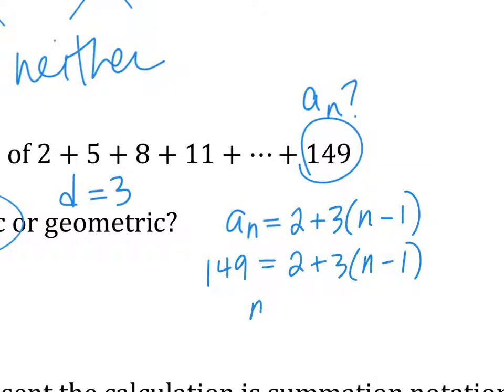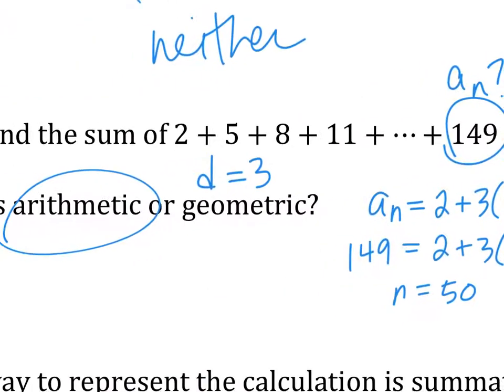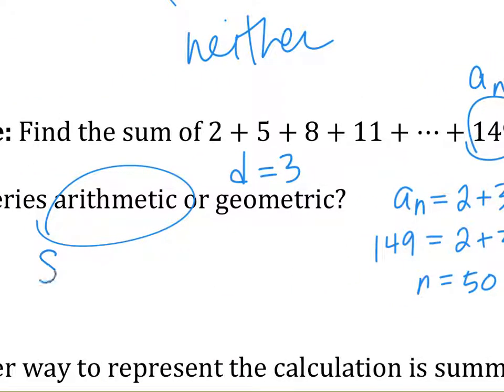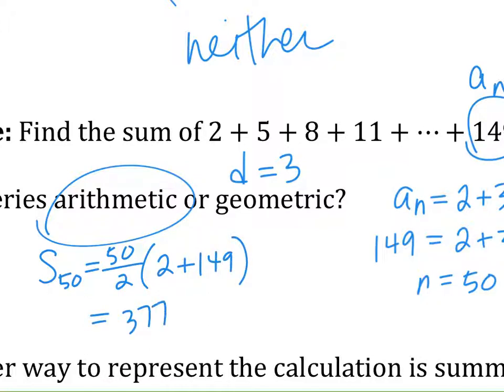All right, so n is equal to 50, right? So then now we can plug it into our formula. Sum of 50 numbers. And finish that question if you have not. So the answer is 3775.